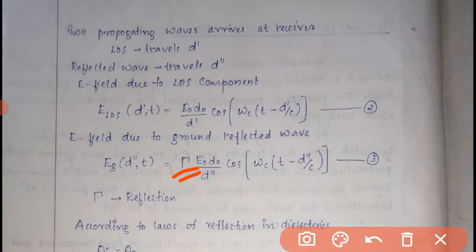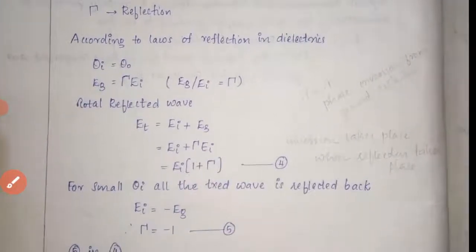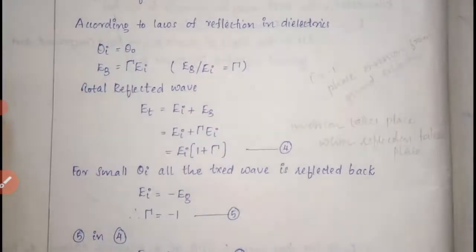The wave is incident on the ground and then reflected back to the receiver, so gamma is the reflection coefficient, and its value is equal to -1. That is the phase inversion. As it comes to the ground and reflects back, there is an inversion in phase, represented as gamma equal to -1.